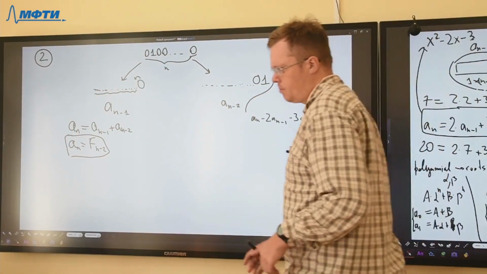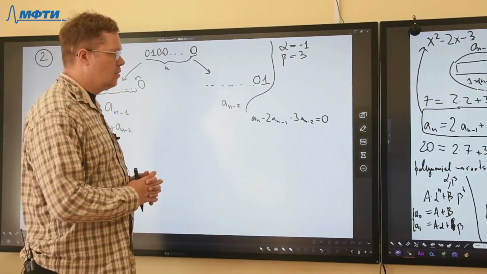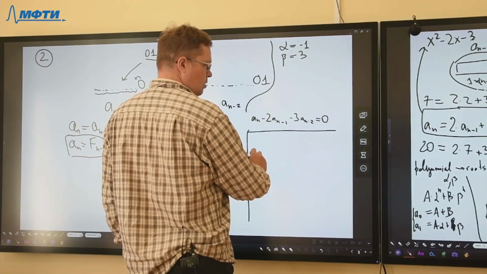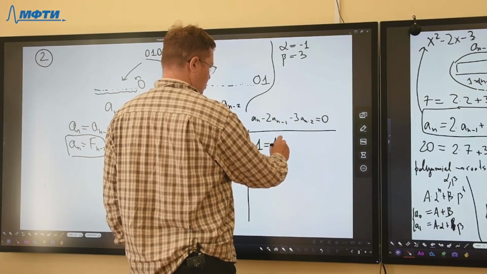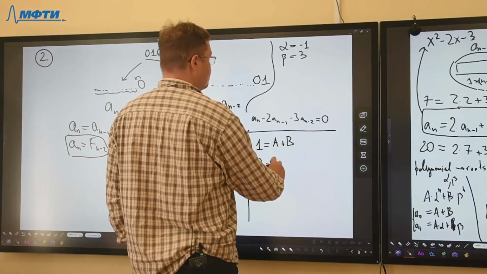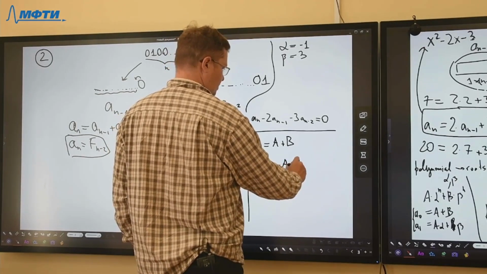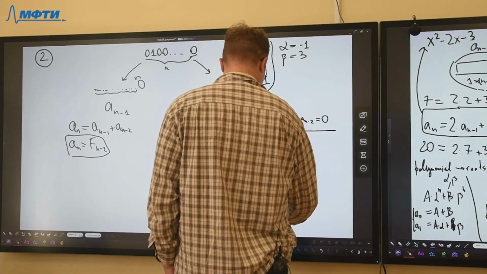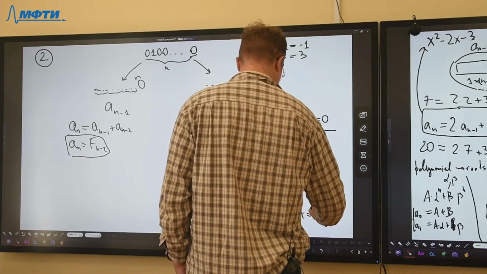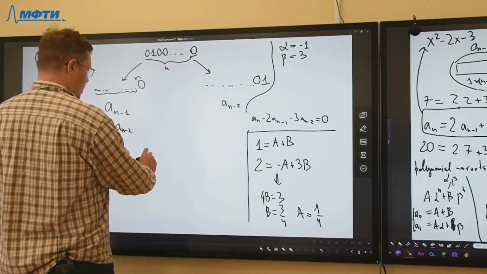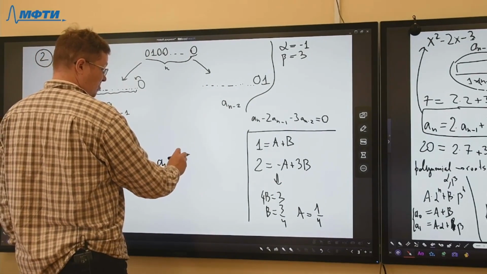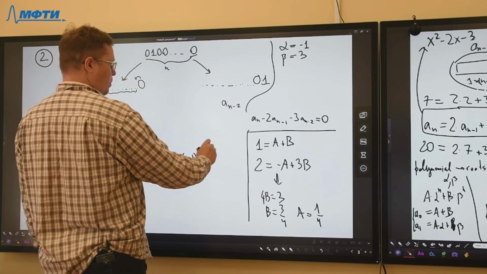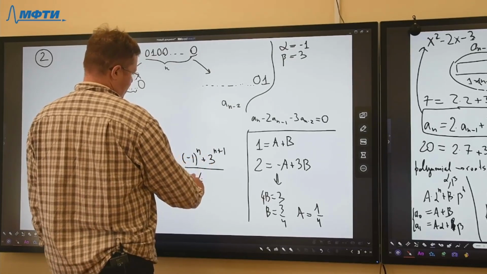Okay, so we can do this calculation. So the answer will be a_n is equal to ((-1) to the n power plus 3 to the n plus 1) over 4.